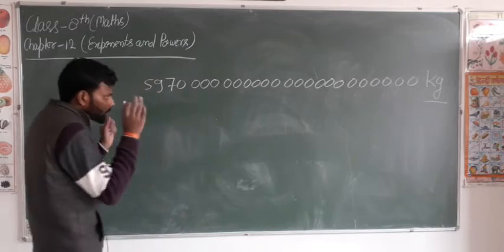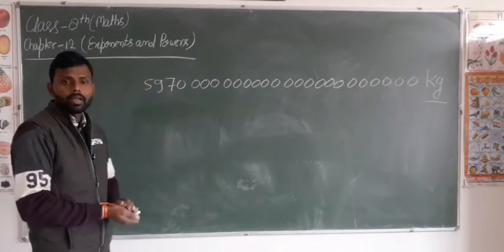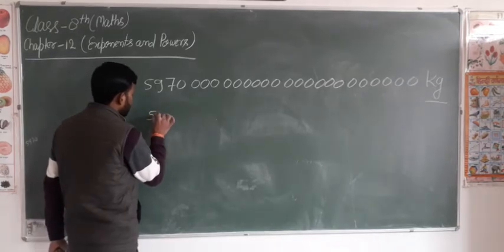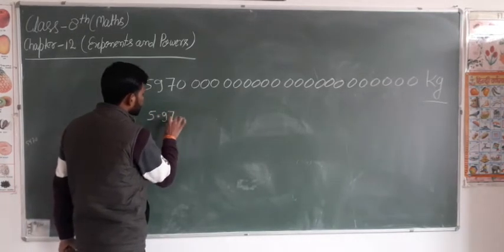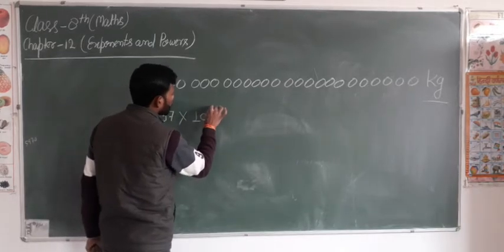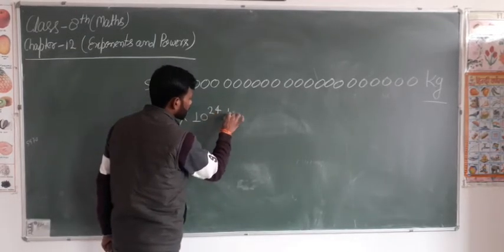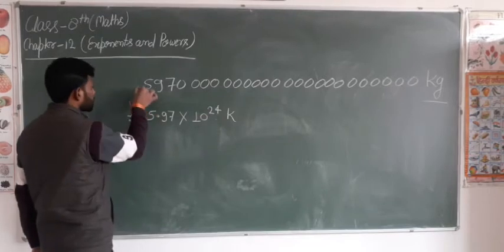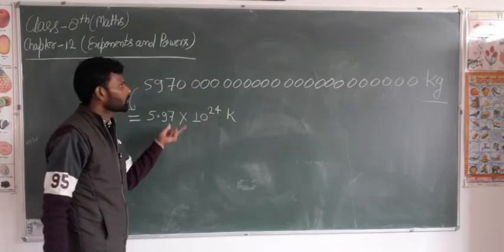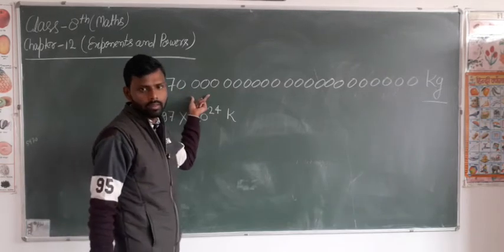Okay. This can be written easily as 5.97 multiplied by 10 to the power 24 kg. Okay. This is an easy way to represent this mass.